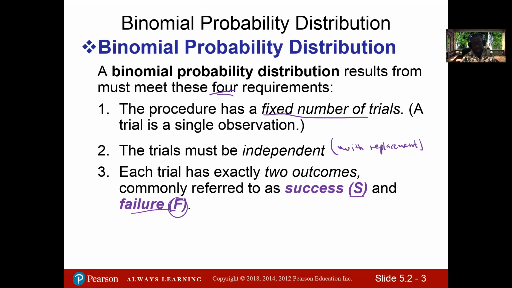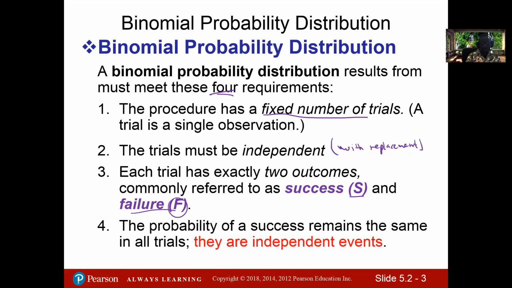Like in 5.1, if I'm looking at the number of heads in tossing 2 coins, my success is whenever I have a head, and a failure is when I have a tail. Then the fourth thing is that the probability of a success remains the same in all the trials.